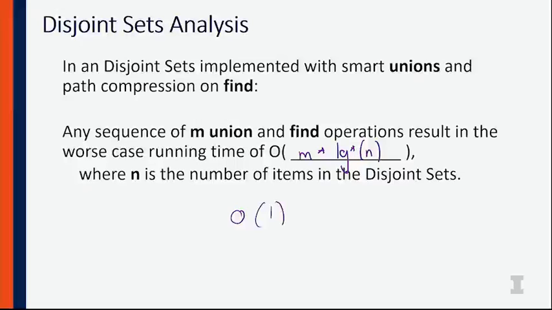Because this number is so small, because m operations times iterated log of n is so close to m, we're going to consider that the amortized average running time of our algorithm for all practical purposes is O of 1 amortized time. So when we see any of this used inside of a for loop, even though we know this is not constant time, we're going to just use a constant time running time as the analysis of this algorithm, because this constant time running time is so close to reality.